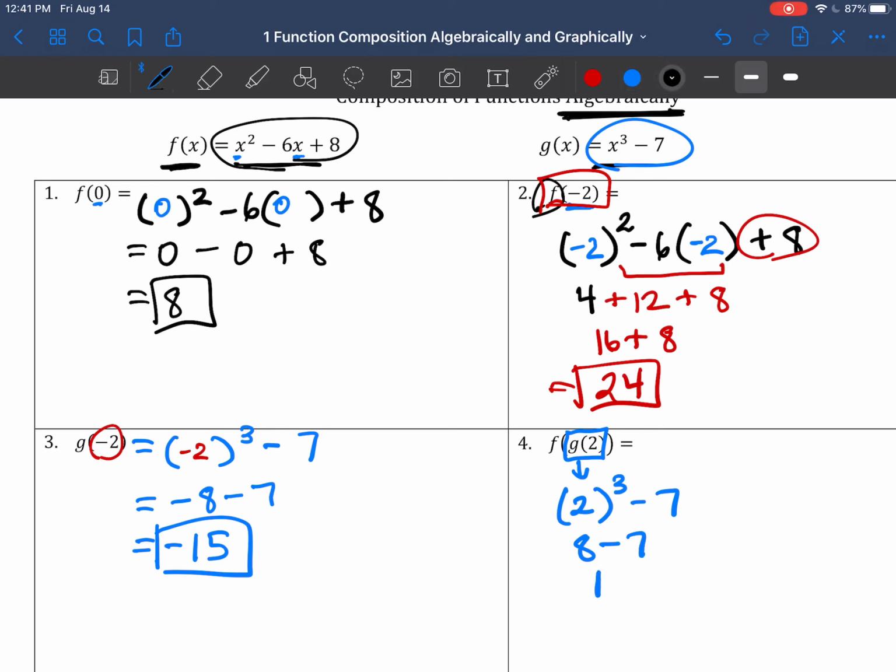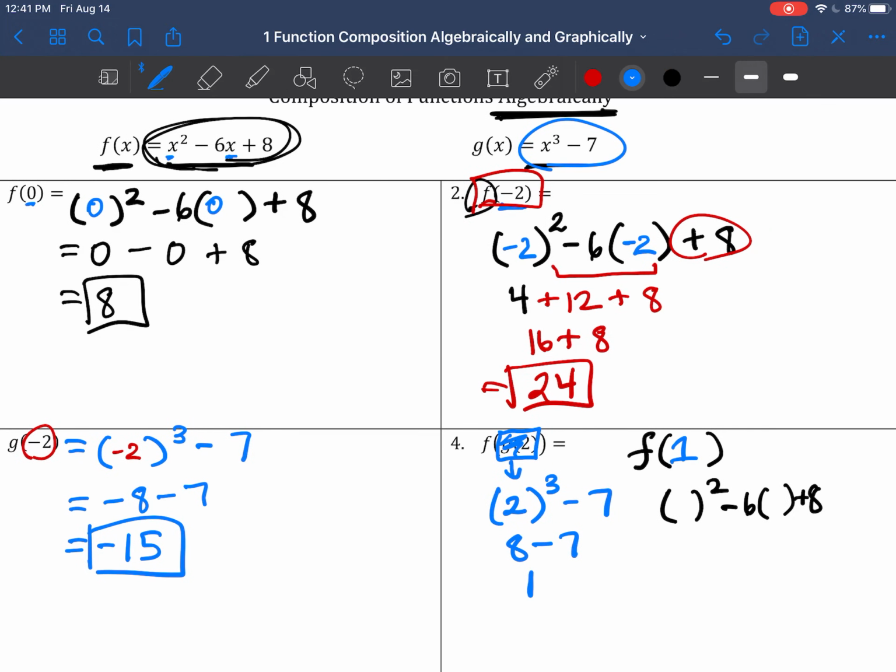So this problem is the same as f of, and we just figured out that g of 2 is a 1. And so now we need to figure out f of 1. And so we go to the f function, which is x squared minus 6x plus 8.